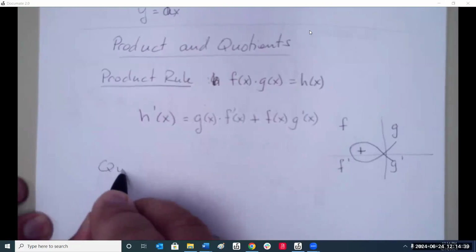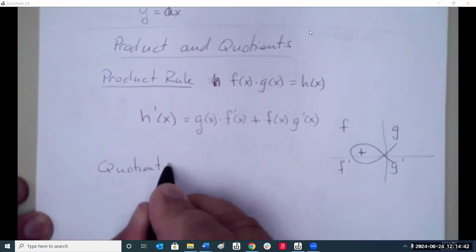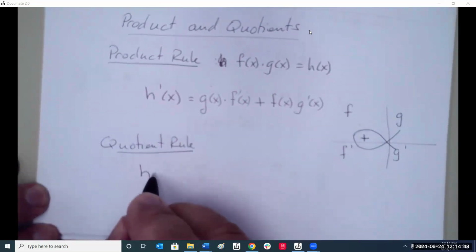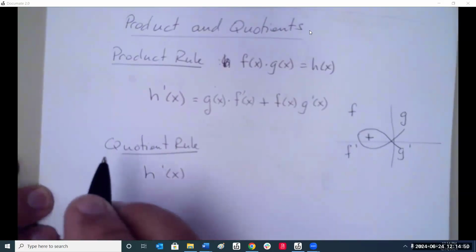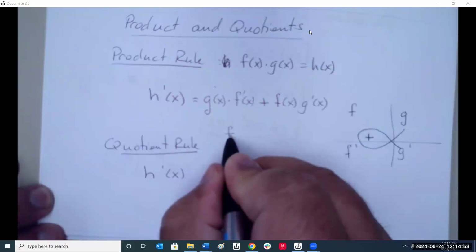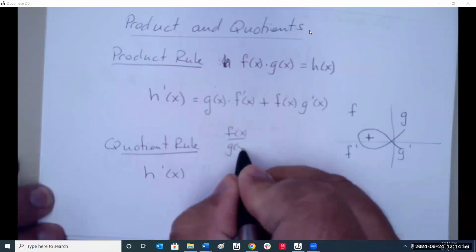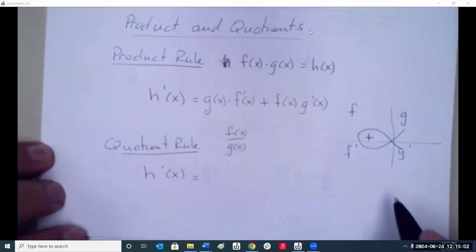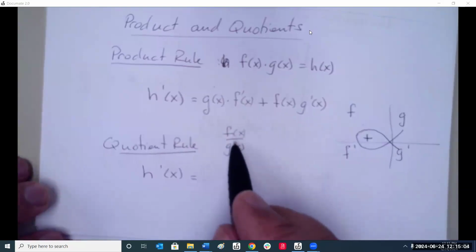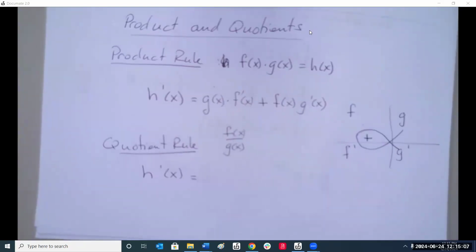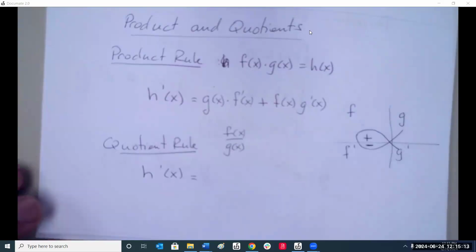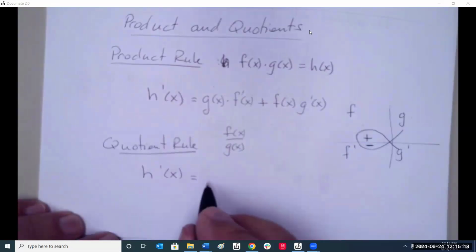The quotient rule. Here we're looking at f of x divided by g of x. But when you divide things, you make them smaller, right? So in the quotient rule, we'll use a minus sign instead of a plus sign. And that's going to be the top.